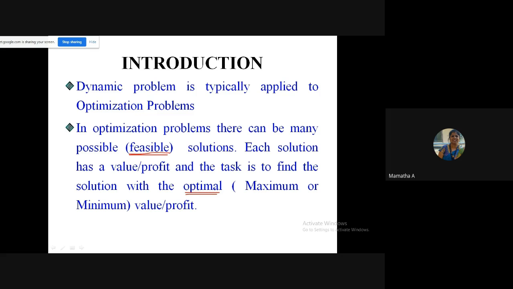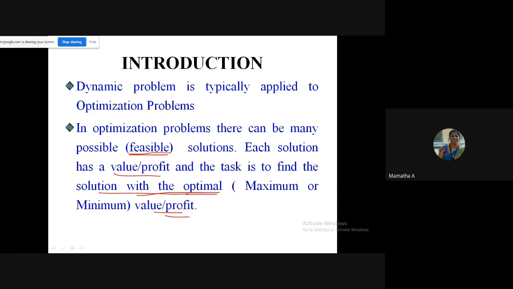It will either maximize or minimize some objective function. Right? So for the objective function, as an example I have taken, each solution may have a value or a profit. And the task here is to find a solution with the optimal value or profit.